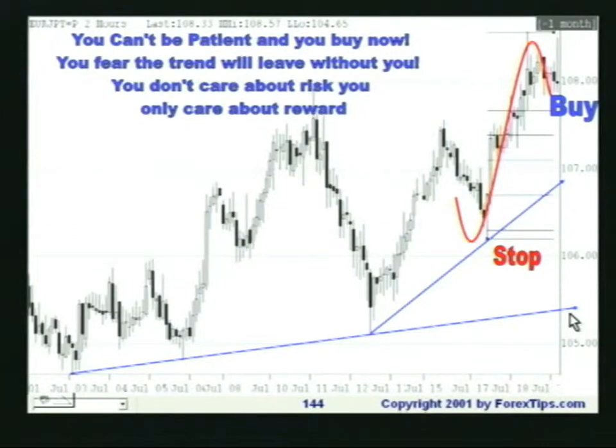Trading is all about preservation of capital. Trading is all about risk versus reward. Under the rules of trading, if you trade now, your stop order is going to have to go at the last low. Look at the risk. 100, almost 200 pips. But you don't care because you're so confident this trade's going to work out.